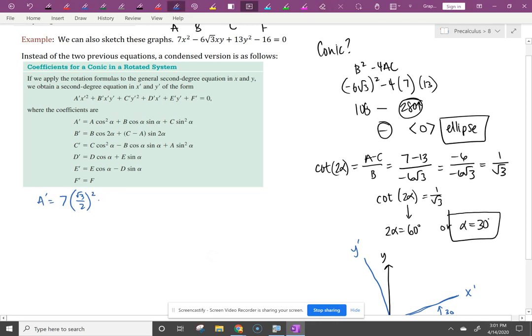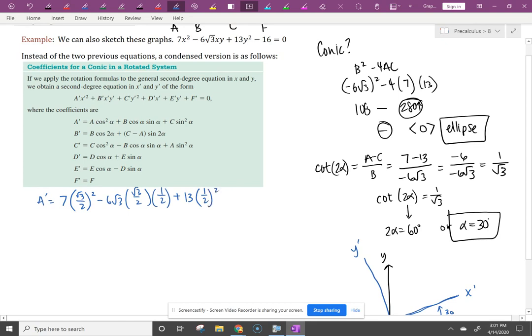So can I write minus 6 root 3 times the cosine, which is root 3 over 2, times the sine, which is 1/2, and then plus C, which is 13, and then times the sine squared, so a half squared.